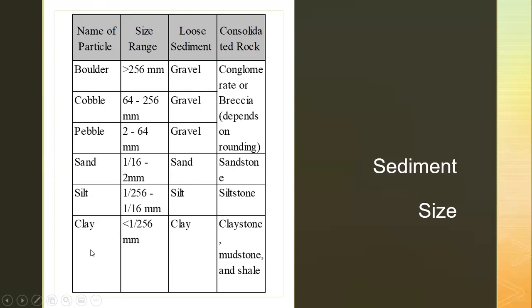For example, clay is the smallest type of sediment you can get. And you keep going up, then you can get silt, which is slightly bigger than that. And then slightly bigger than silt is sand. And then bigger than that is pebble. Once you get to pebble, that's going to be very noticeable. And then you'll just get to cobble and boulder. That's when you get to very large grain sizes within the rock.